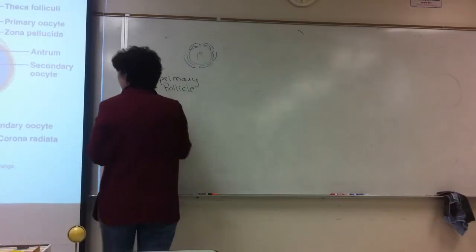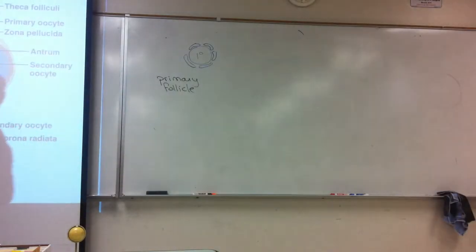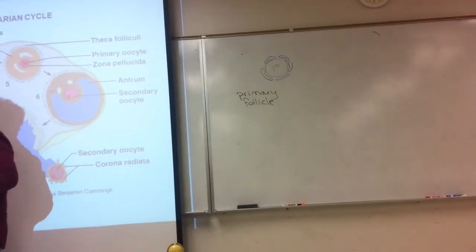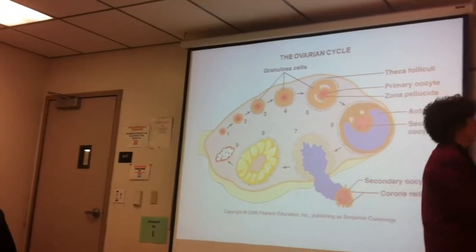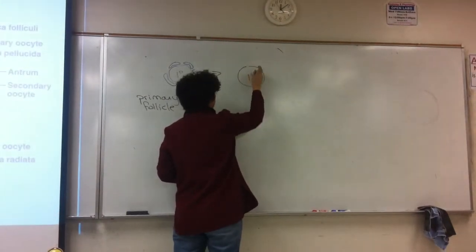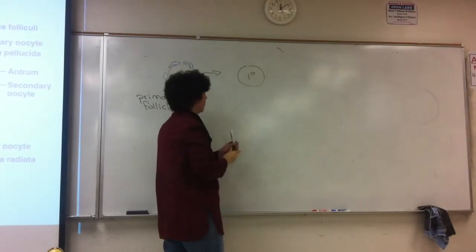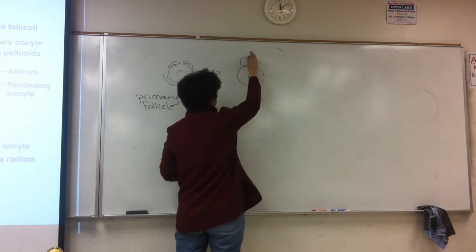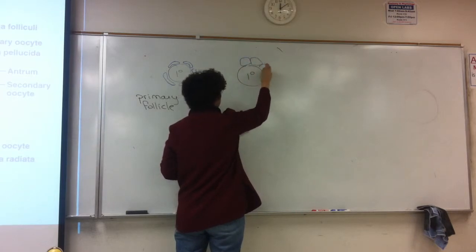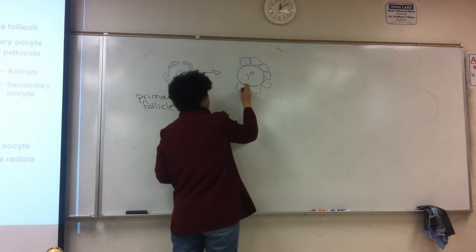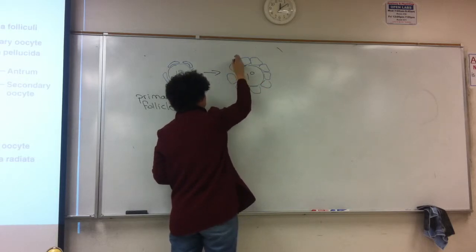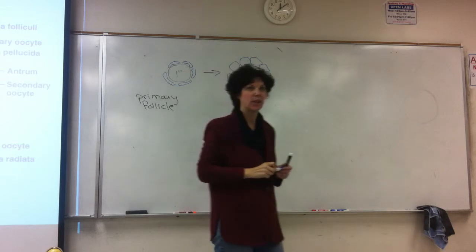Now, under the influence of FSH, the single layer of flat cells will form a single layer of cuboidal cells. Still a primary oocyte. But now these have gotten larger, kind of like osteoprogenitors get larger as they form osteoblasts.